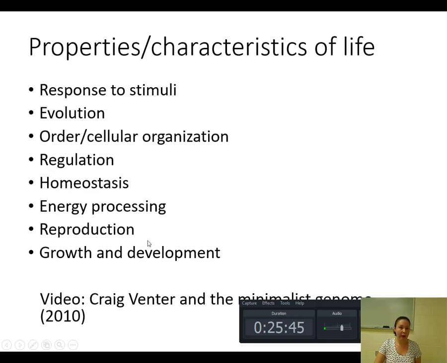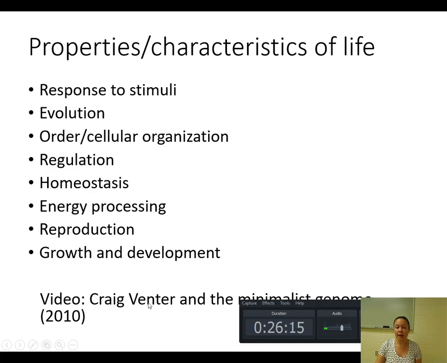Reproduction, whether it's asexual by yourself or sexual with two individuals, you have to be able to reproduce. Some bacteria can undergo both processes depending on their environment, and you have to be able to grow and develop. So these are largely the properties of what makes something a living thing. Now, if I ask you the question, has anyone ever invented synthetic life? The answer is yes.